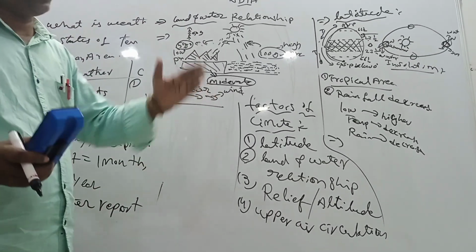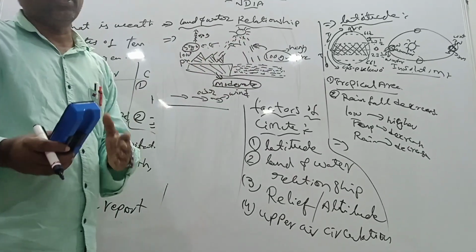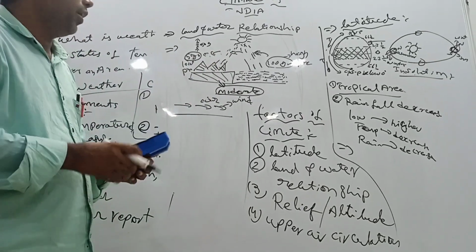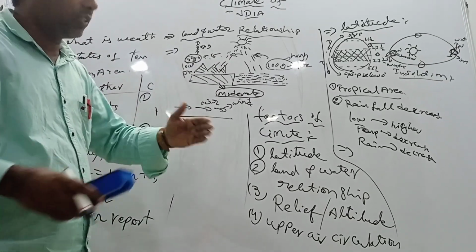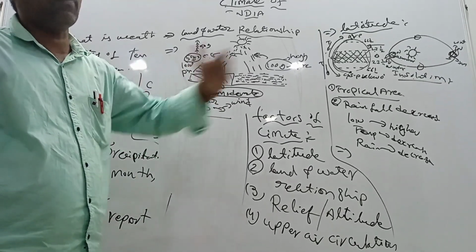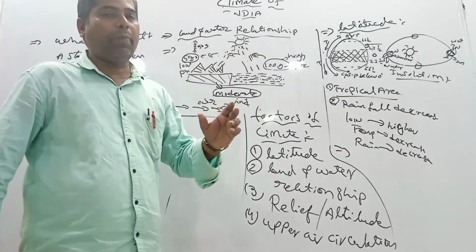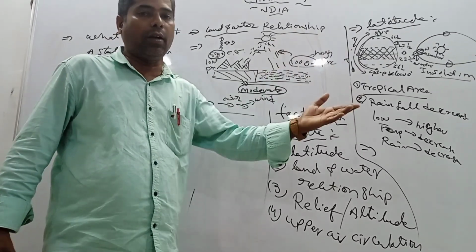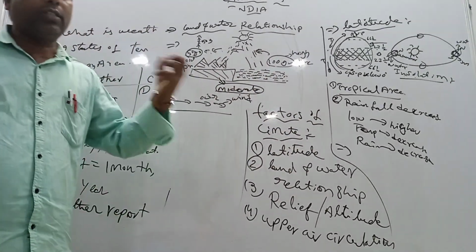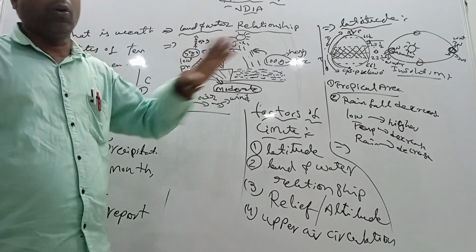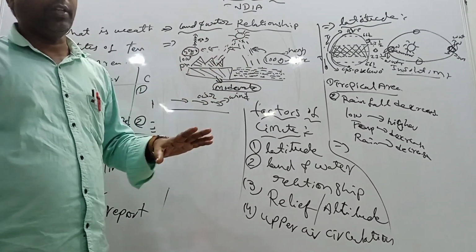So the variation between maximum and minimum temperature is more in areas located far from the seashore. For example, take Delhi. In Delhi, more than 40 degrees is recorded in summer, and less than 20 degrees in winter. So the variation between summer temperature and winter temperature is more.